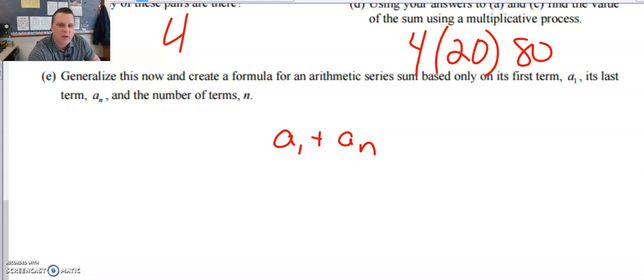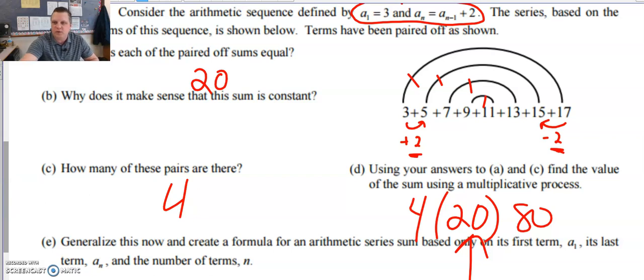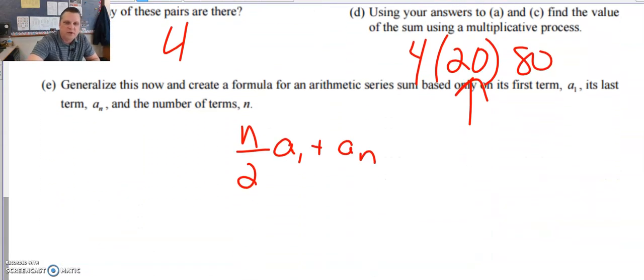What we would have to multiply this by is n over 2. This 20 up here was your A1 plus AN. That's how you got the 20. The n over 2 is because there are 8 terms here, but there are 4 pairs.